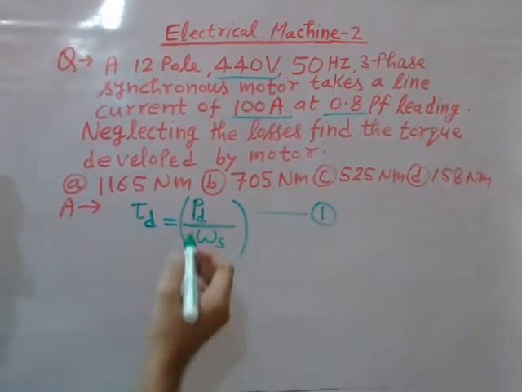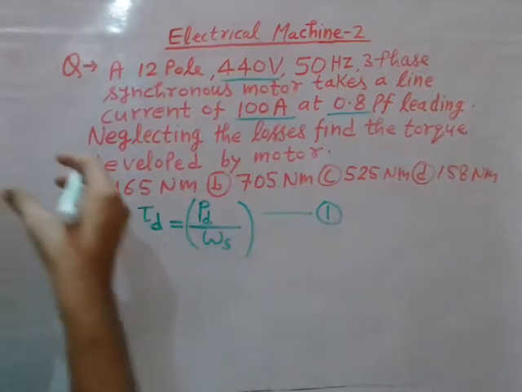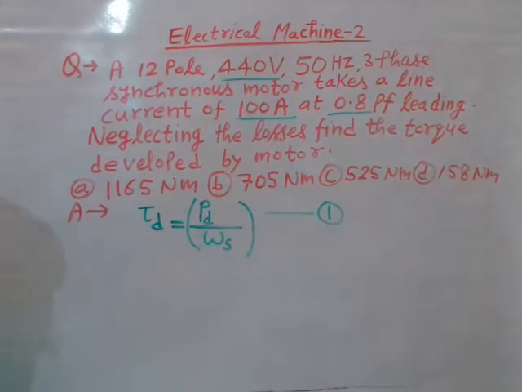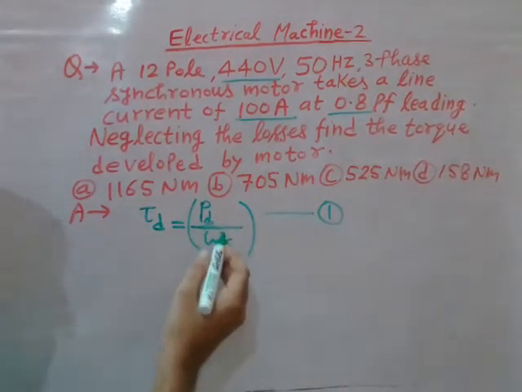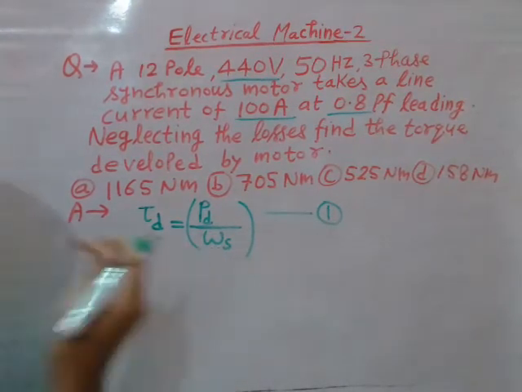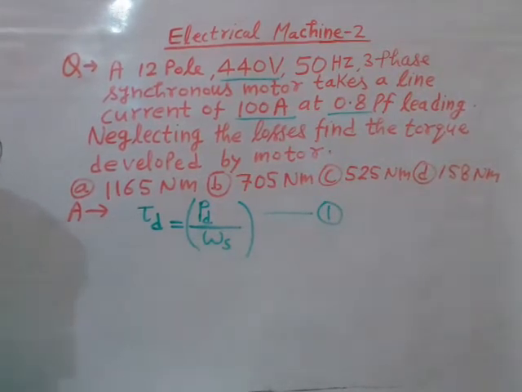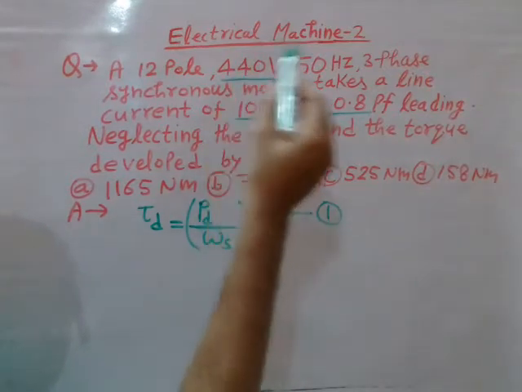Now your job is to calculate this developed power and the synchronous speed. The developed power is in watts and the synchronous speed is in radian per second, right? So first of all, let us calculate power. Now see the data which is given to you.